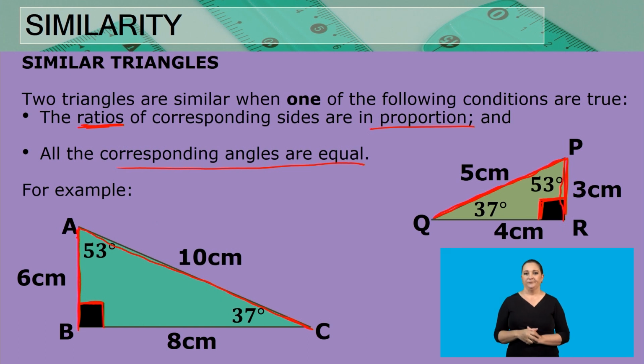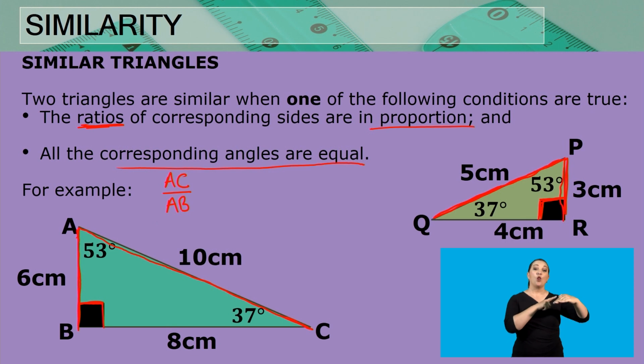Now, how would we show that the ratios of the corresponding sides are in proportion? Let's take these two sides that we just looked at. So, for example, let's say AC divided by AB. As you can see, I have taken the hypotenuse and divided it by that smallest side. So AC in the larger triangle is equal to 10 centimeters, and AB is equal to 6 centimeters.